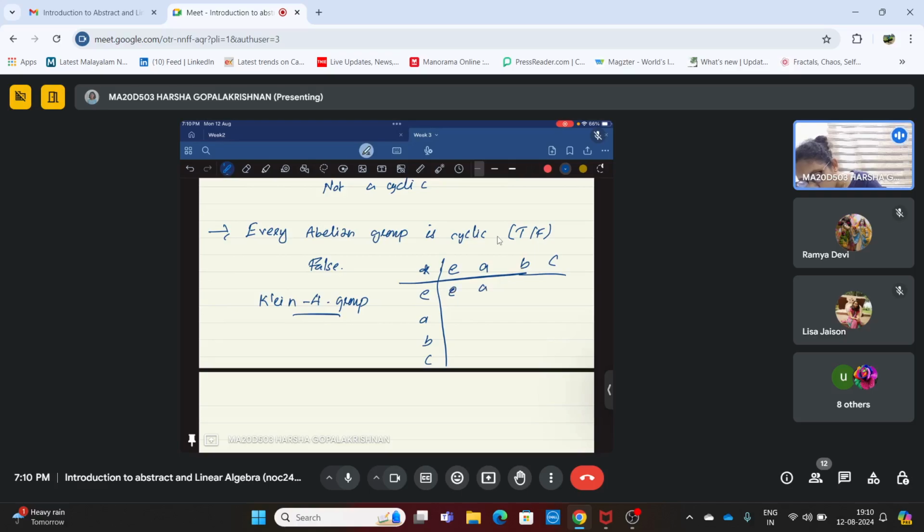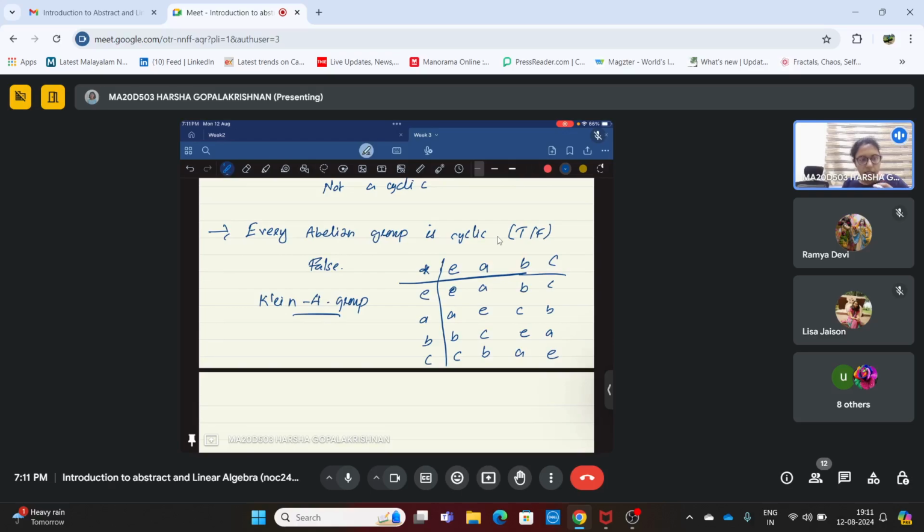The first row is itself because E is the identity. Whatever I am writing in the row, I am writing in the column in the same way. So it will be abelian. So A star A is E, B star B is E, C star C is E, and so on. Okay, this is the Klein-4 group.